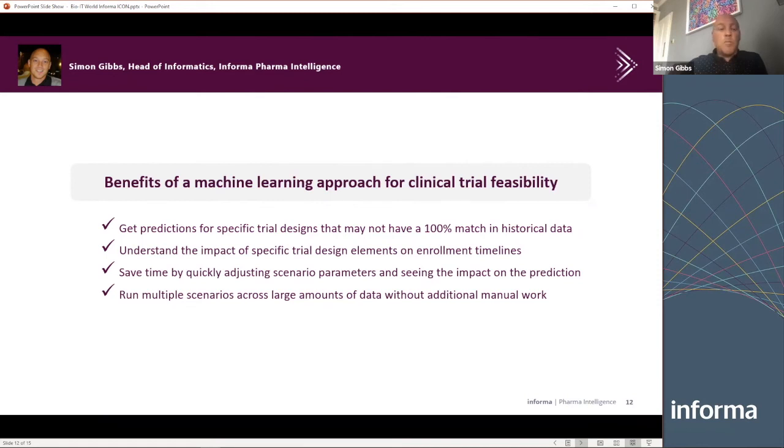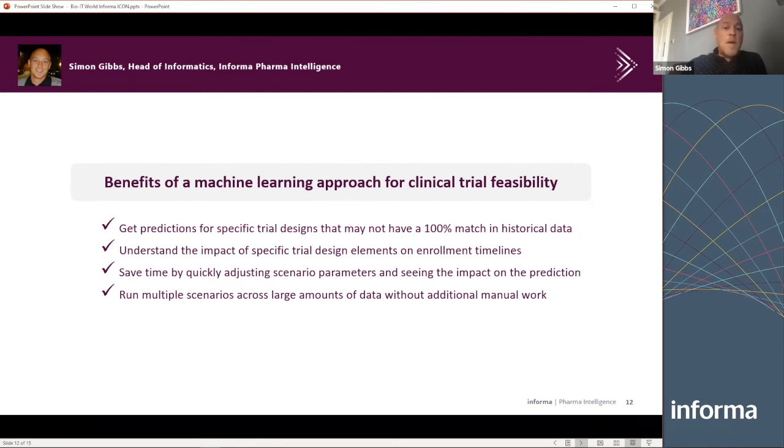Firstly, we can generate predictions for specific trial designs that may not have a 100% match in the historical data. As we look to match up the features from the user's scenario design against that historical data set, if there is no direct match, we can work through decision trees in the background to build an identical match with associated studies that may be in a slightly different phase, maybe in slightly different patient segments, or even in a slightly different indication.